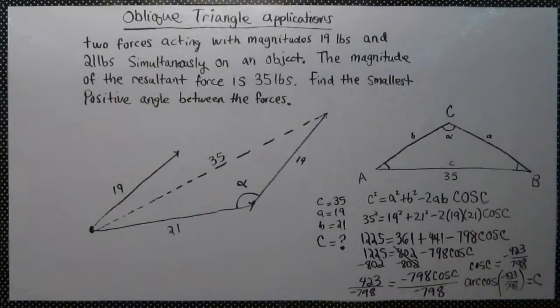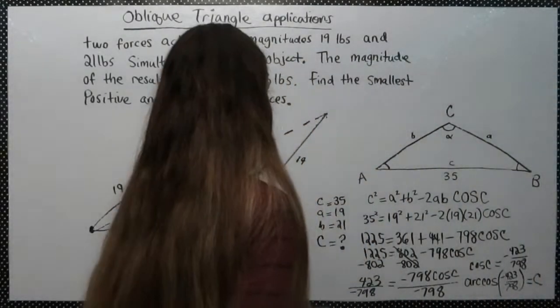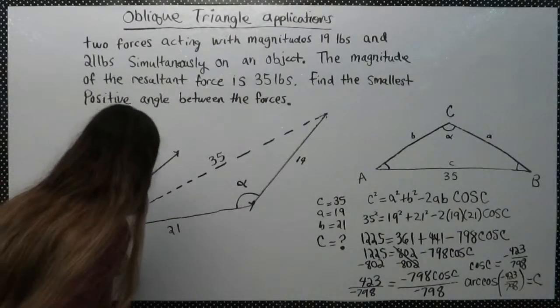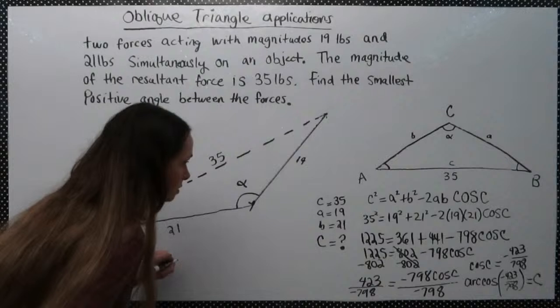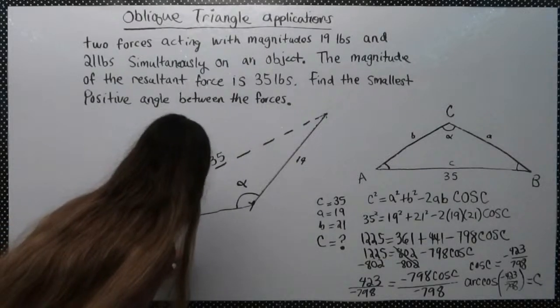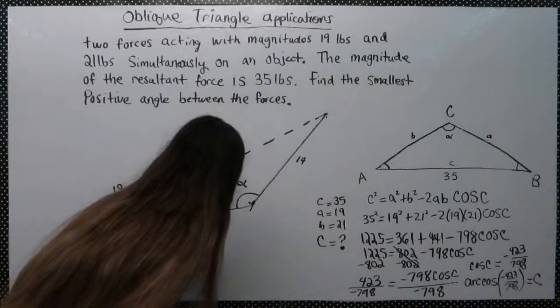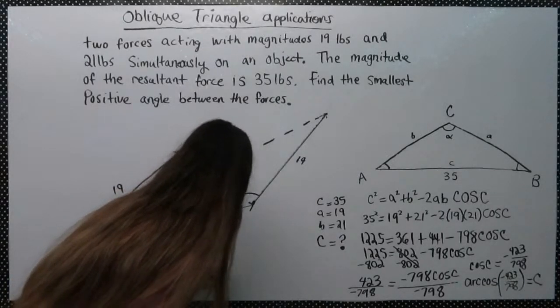That's an exact value. So finally, we have c equals the arc cosine of negative 423 over 798.